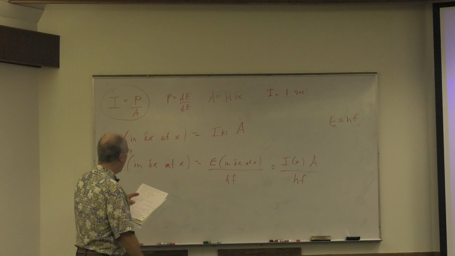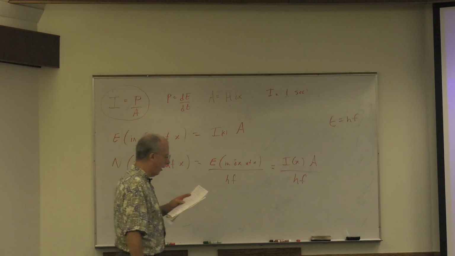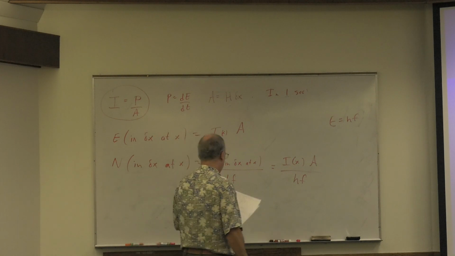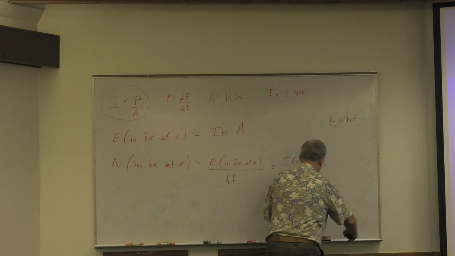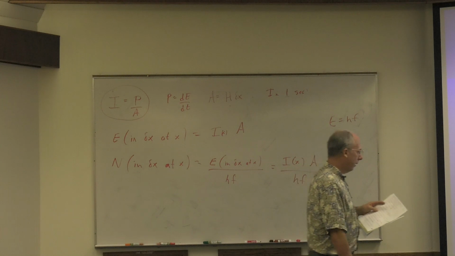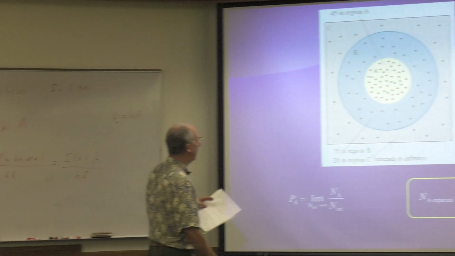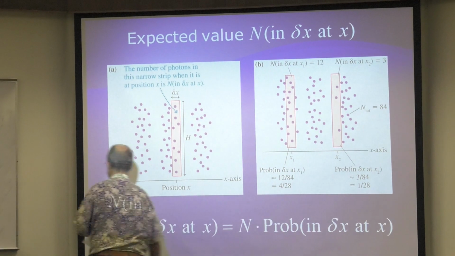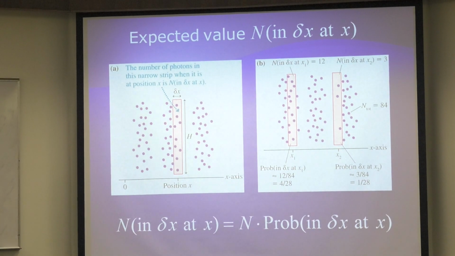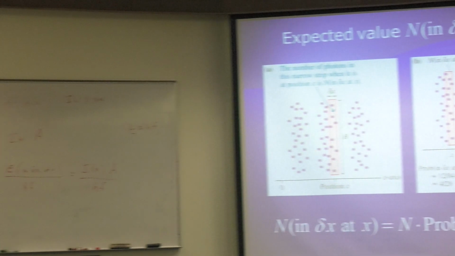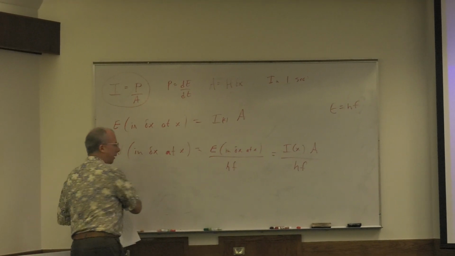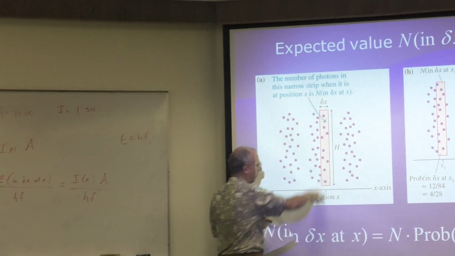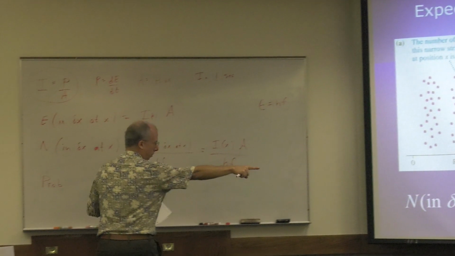All right, now we got to get probability in here somewhere, right? Let me show you where to get that from. So we want to get probability. The probability that a photon lands here, in this rectangle, just like it says over there.